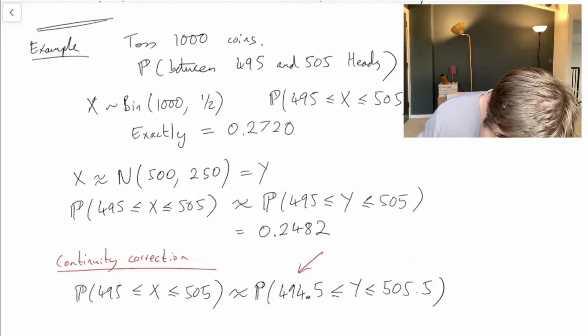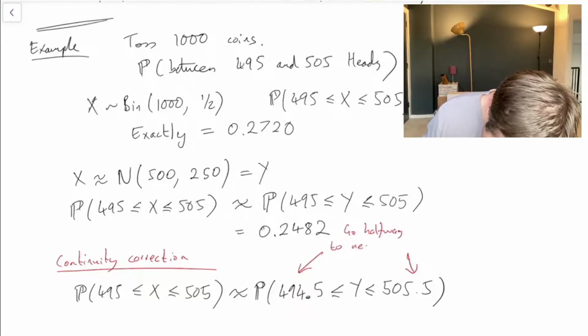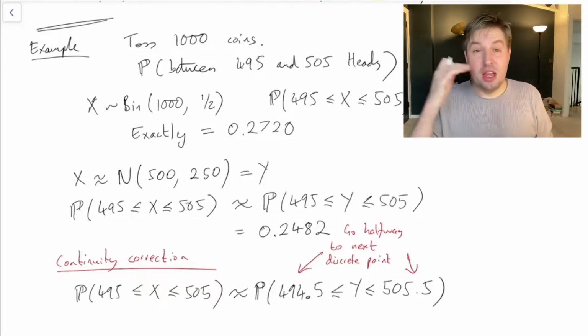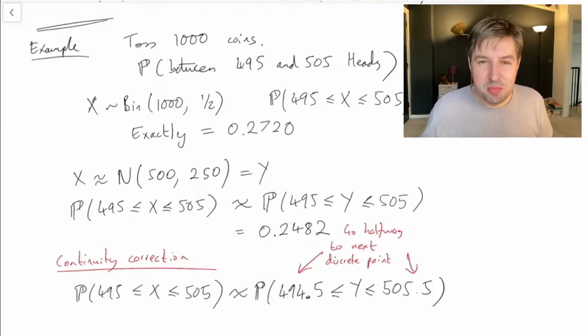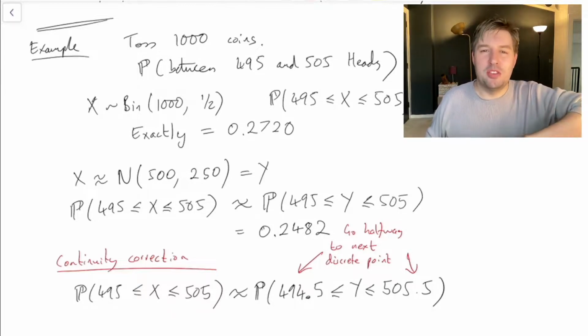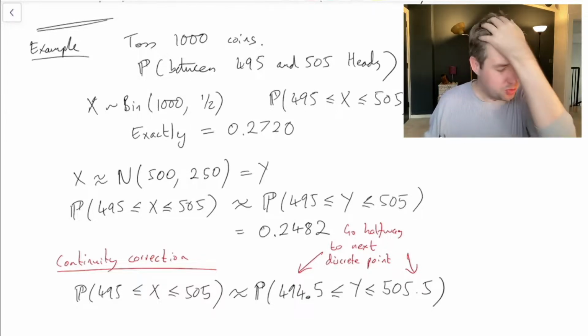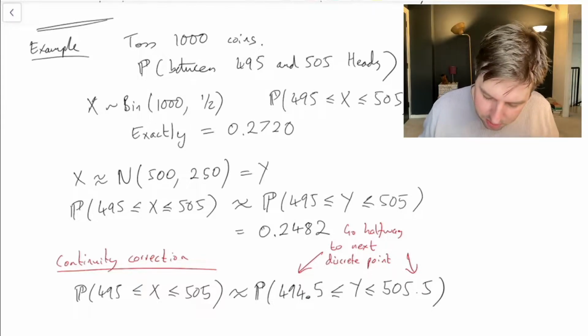So there and there, we go halfway to the next discrete point. Obviously, the discrete points are normally integers. That's what most of our discrete random variables have. But if you have some weird discrete random variable that takes unusual values in its range, then you still might want to go halfway outwards towards whatever the next discrete point is.